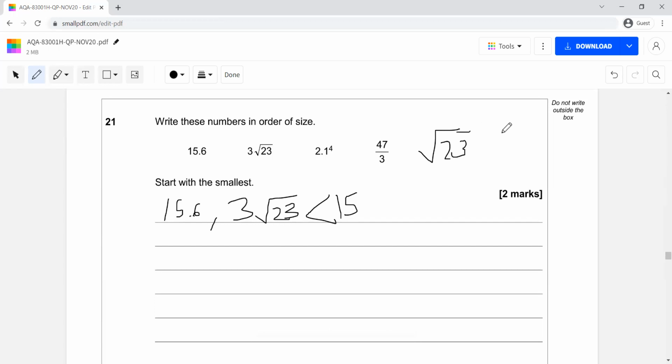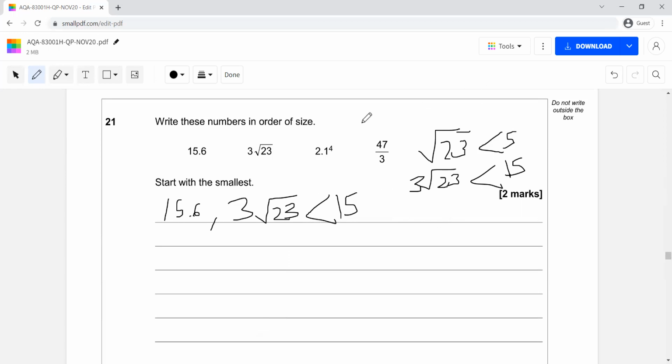If root 23 is less than 5, then 3 root 23 must be less than 15, because root 25 is 5, so root 23 must be less than 5. So 3 times root 23 must be less than 3 times 5. So we know that 3 root 23 is less than 15.